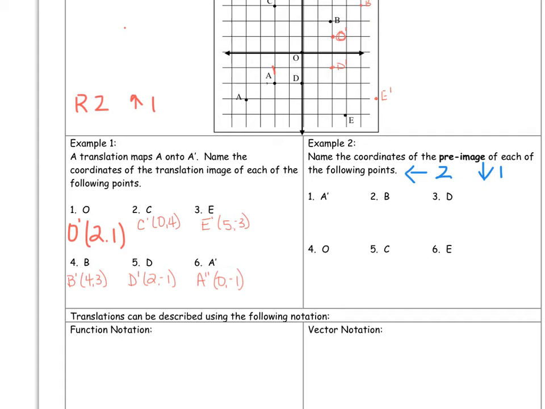So if I'm going from A prime to A, I'm going to the left 2 and down 1. You could also go down 1 and to the left 2. So for A in this case, it would be the point negative 4, negative 3.